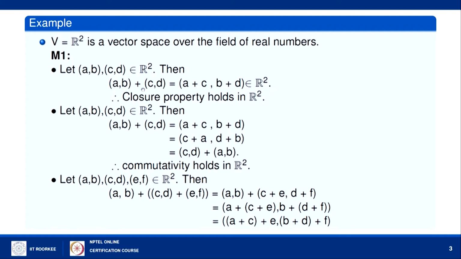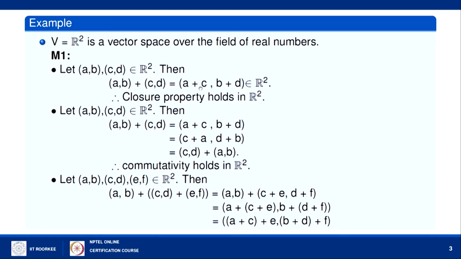So, how we add the vector? We add the first component with the first component of the second vector and the second component of the first vector with the second component of the second vector. So, (a, b) plus (c, d) becomes (a plus c, b plus d).